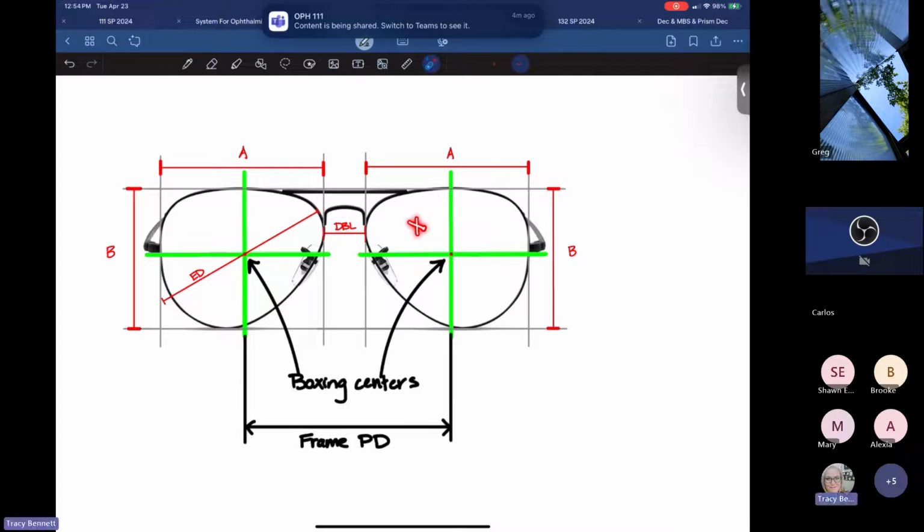So anything up in this quadrant, in and up, is always going to be a good thing. Anything that's down, and especially if it's out, is bad. Maybe that'll help you when you're doing those decentration calculations and you get that negative value.